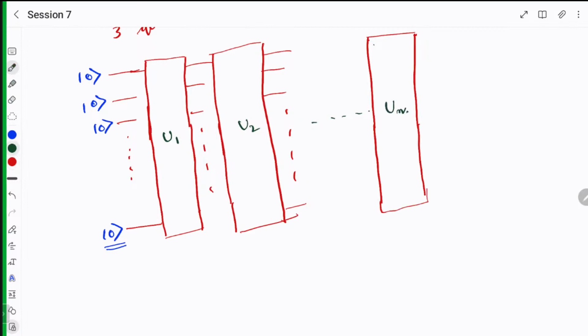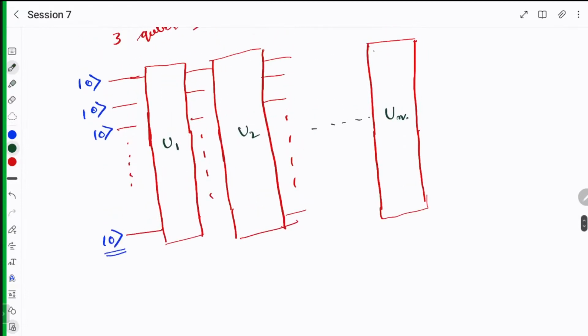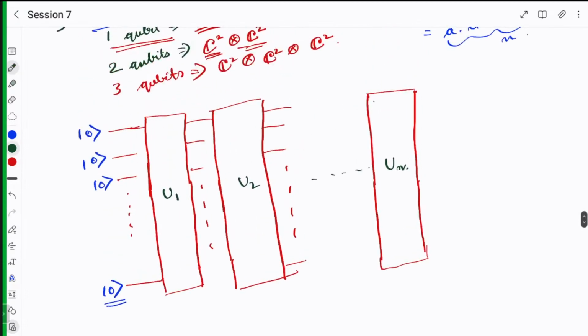Okay. So this is a series of unitary gates that we have applied.